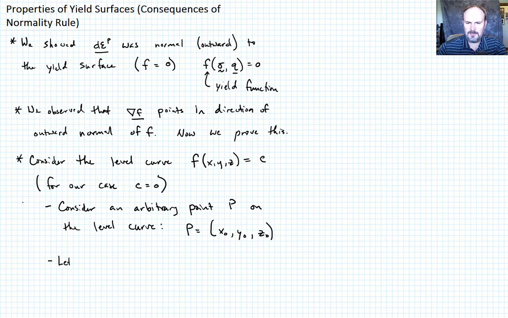So we're going to let a new function called r of t be a vector. So it's a vector valued function of some parameter t. It could be time, it could be anything, but it's some parameter.